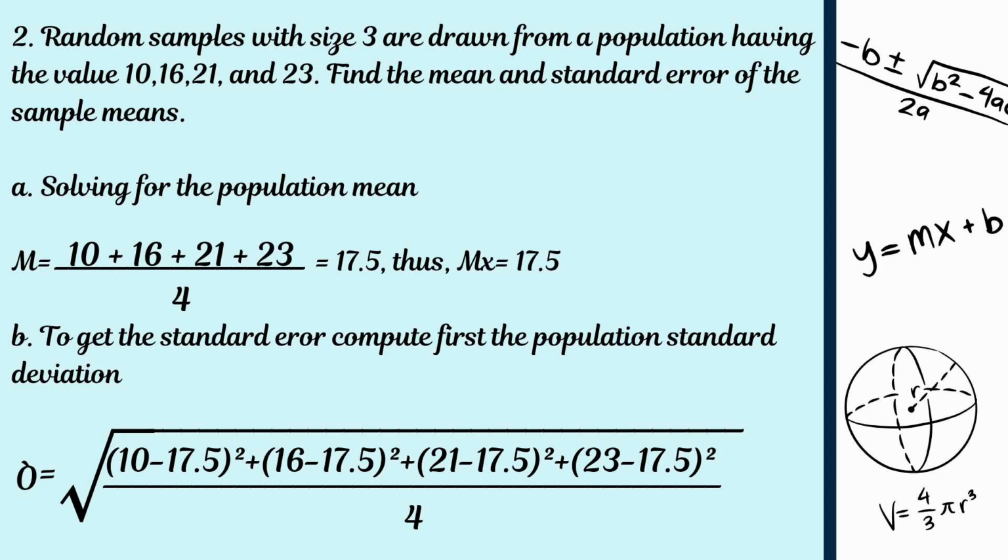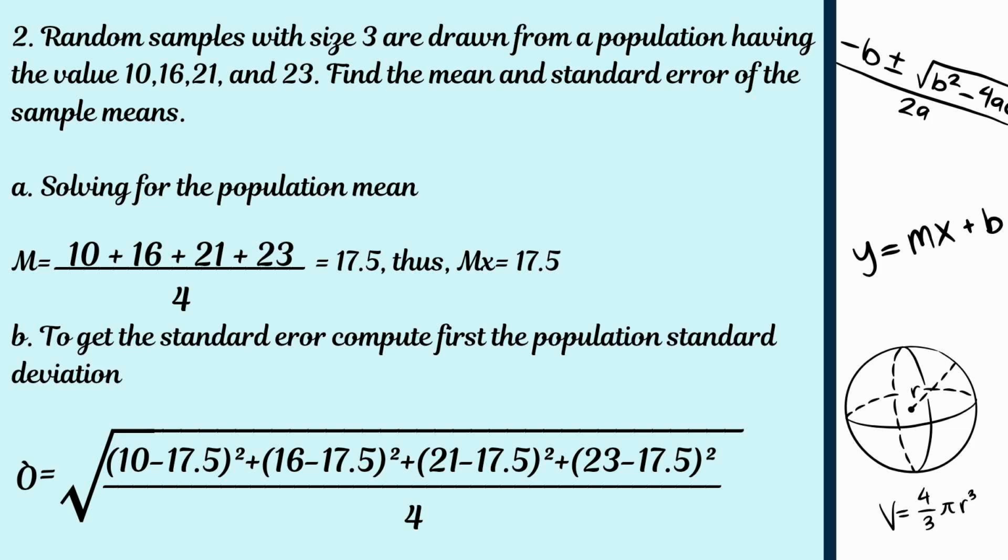Mu equals 70 over 4 equals 17.5. So, the population mean is 17.5. Thus, the mean of the sample means is equal to 17.5 because they are the same.